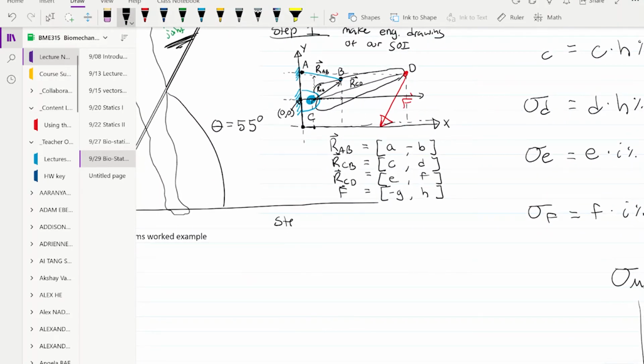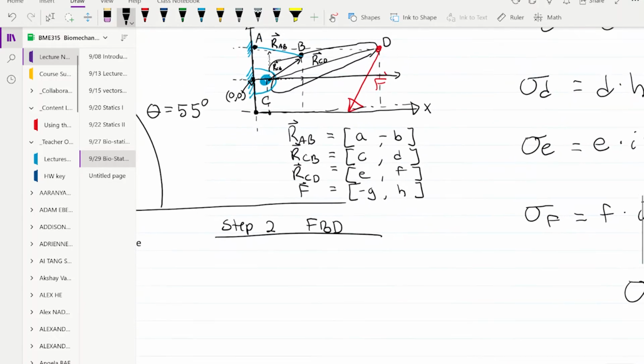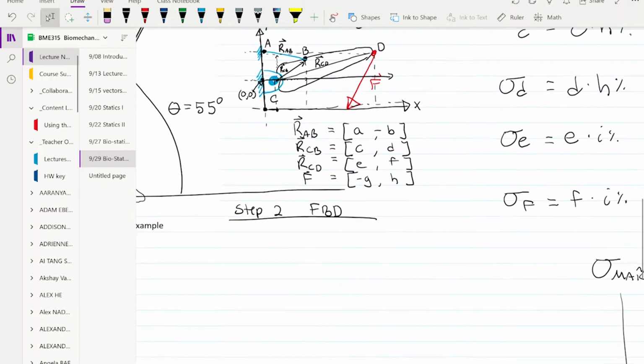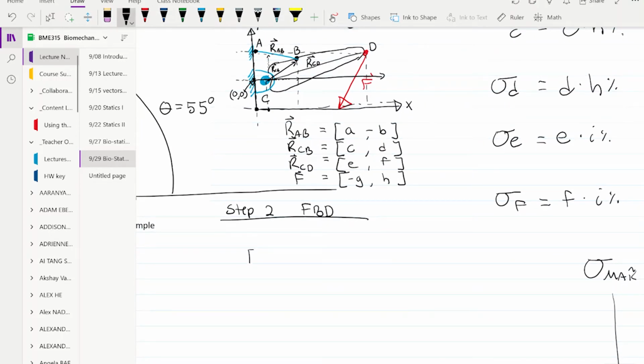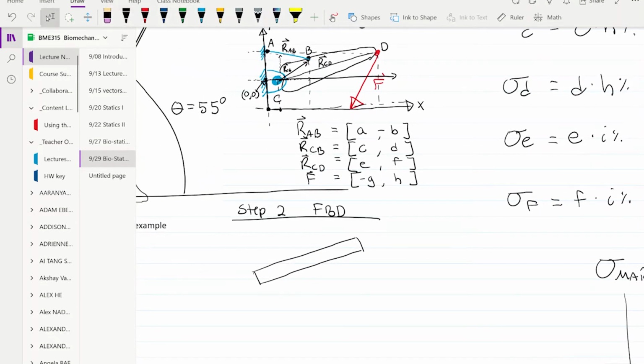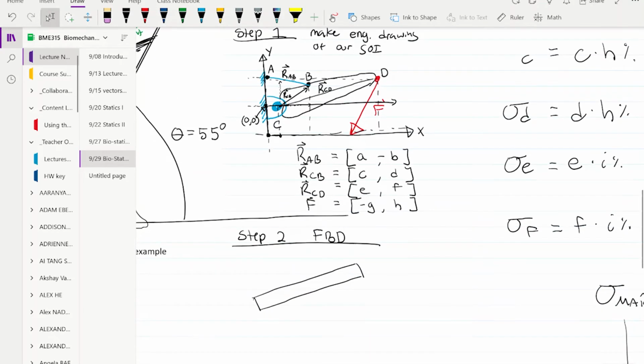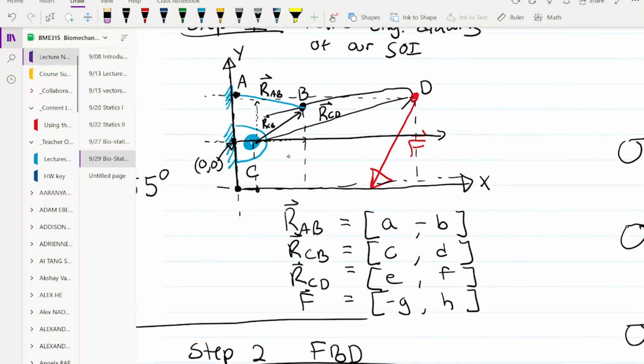So step 2 is an FBD. Let's take this whole thing and make a rod. In fact, this whole thing, to be a better mechanical drawing, should just be a rod.